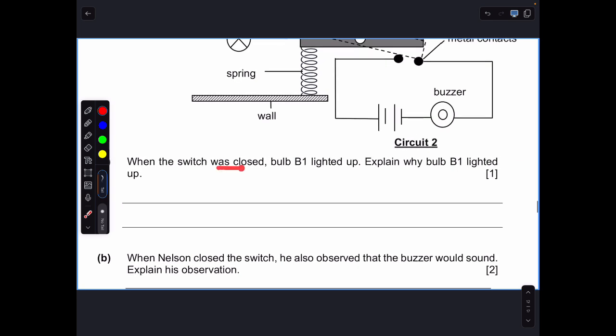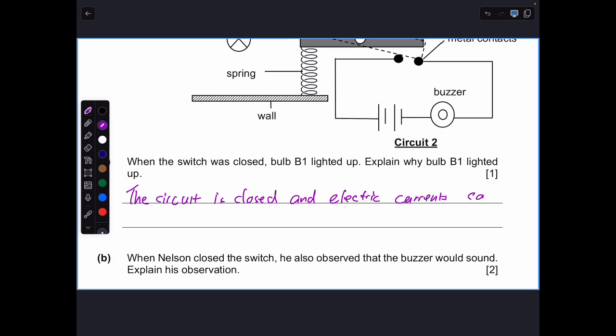You don't have to tell me the switch is closed, did it not say it's closed already? So you will say the circuit is closed, and electricity or electric current can flow through it. The it here refers to the circuit.